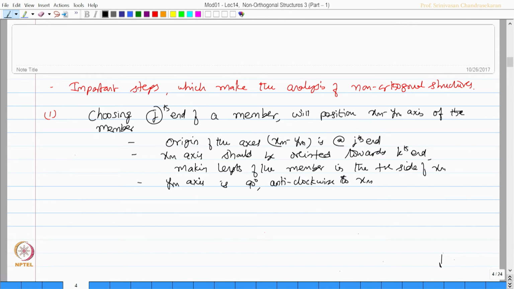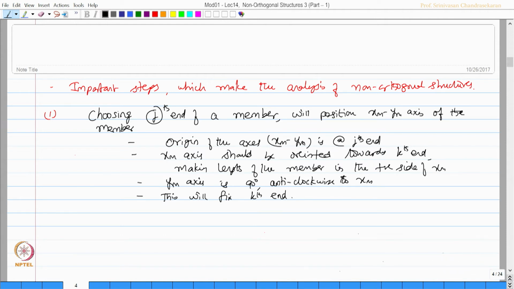That is how you will choose this. So, now this will fix the kth end. For the given member, xm ym is fixed.